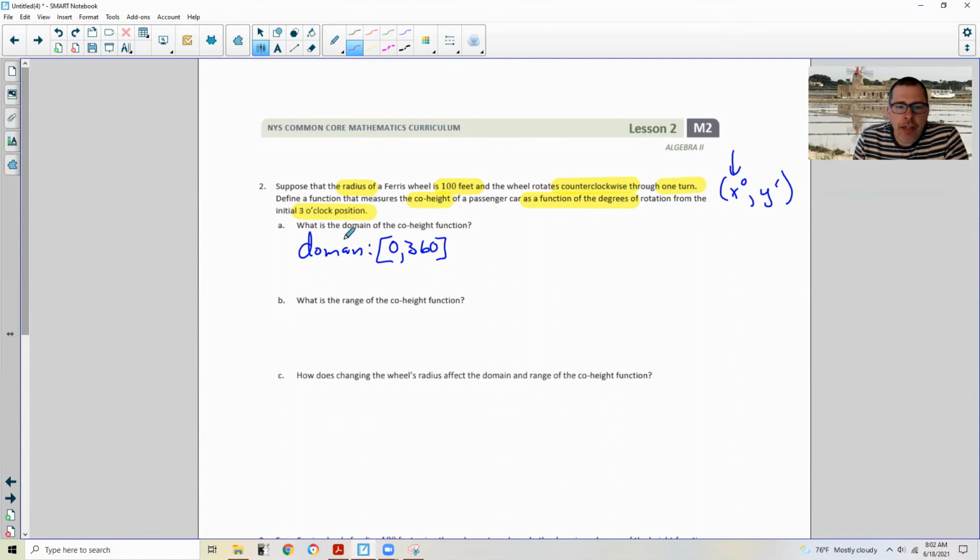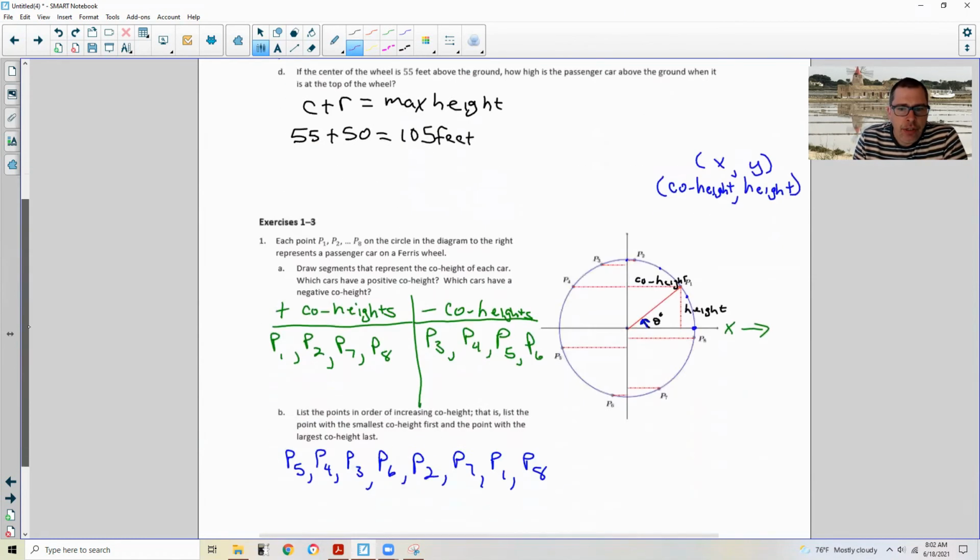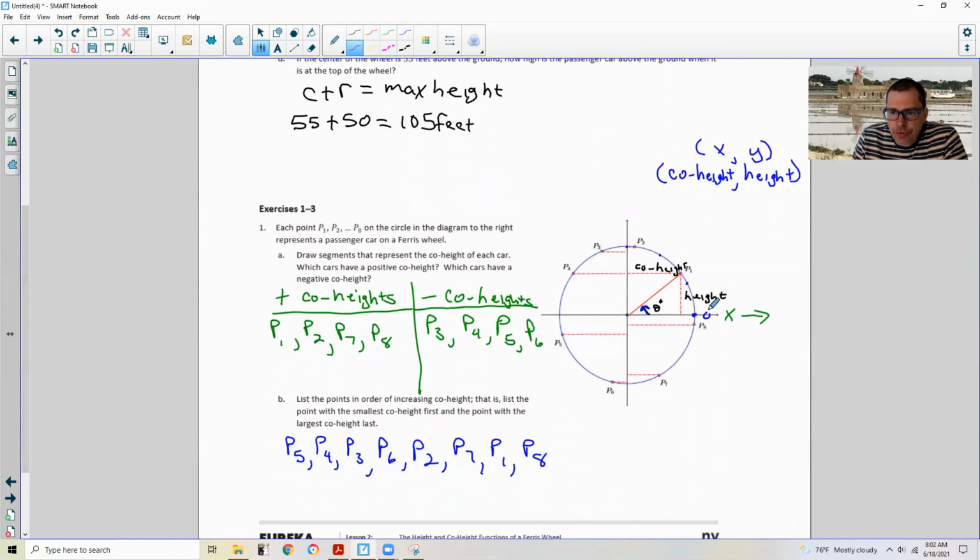Okay. And then it says, what is the range of the height function? Well, keep in mind that we're measuring in feet. And the radius is 100. So we're starting at 0. Let me go back to the circle here. So we are starting at 0 feet, and up here is 100 feet, and down here is negative 100 feet.